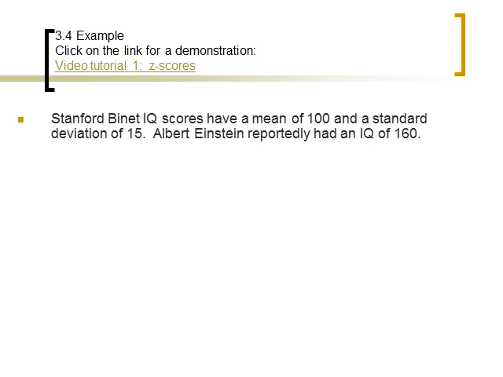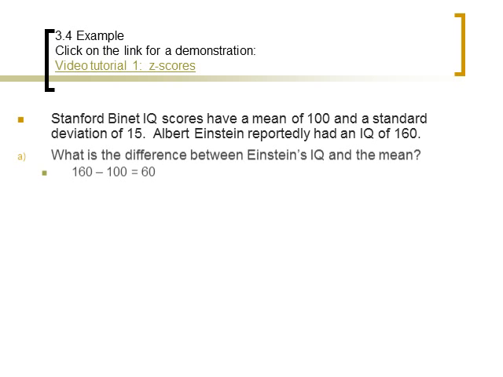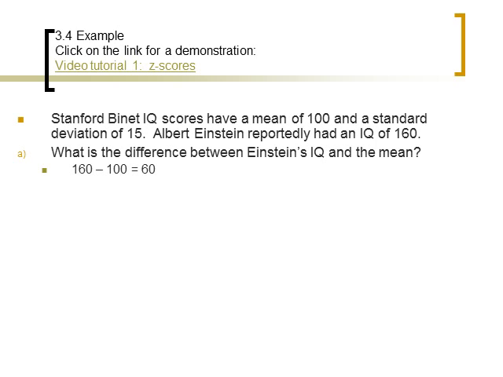Now in this example, we're going to look at Stanford-Binet IQ scores, which is the standard IQ test. And the standard IQ test has a mean of 100 and a standard deviation of 15. And Albert Einstein had an IQ of 160, and he was reportedly a genius. So what is the difference between Einstein's IQ and the mean?